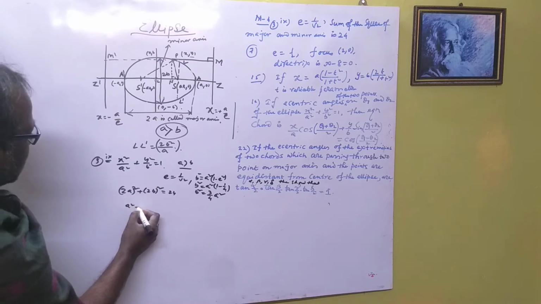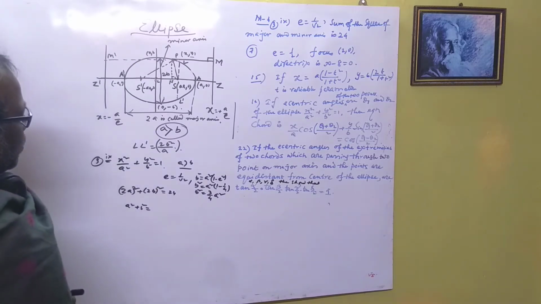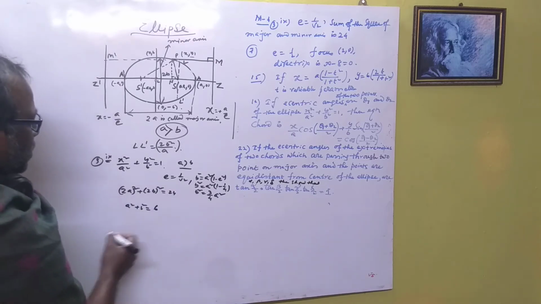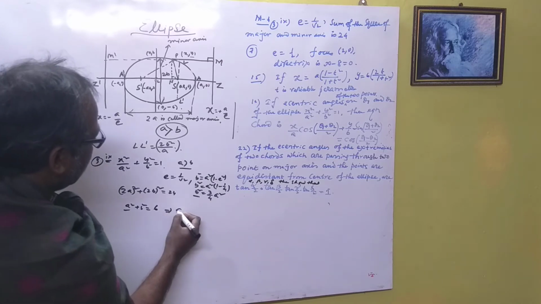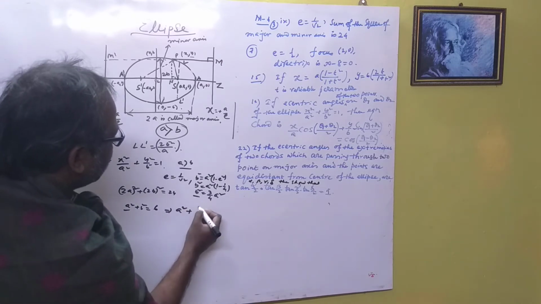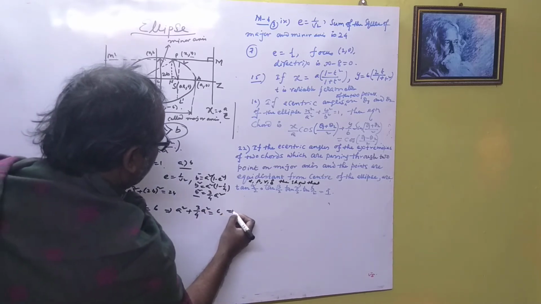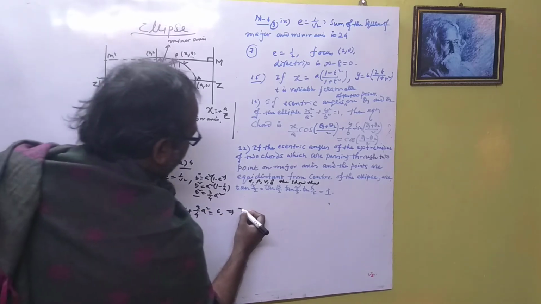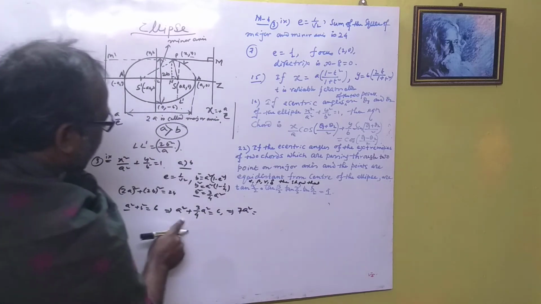So a square plus b square is 4 times 6, that is 24. Okay, 6. So the 4 is cancelled on both sides. Put the value of b square here, and we can easily find the value of a square. So a square plus 3 by 4 a square equal to 6, that is 7a square by 4 equal to 6.